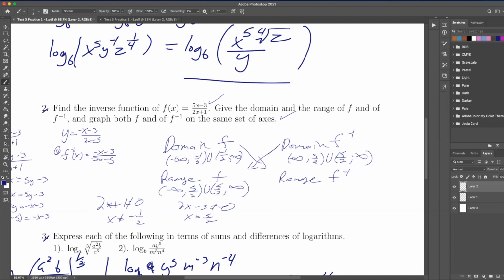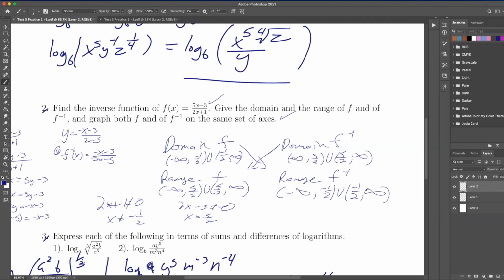Find the domain of f inverse, find everything that makes that not 0. And then you just swap it in. I'll remind you at the end and I'll show you. So that's how you do that one.